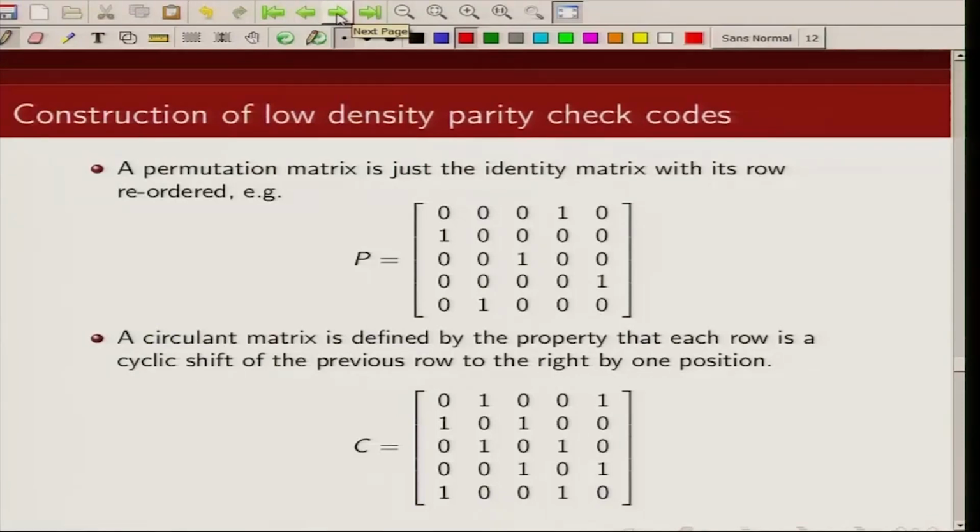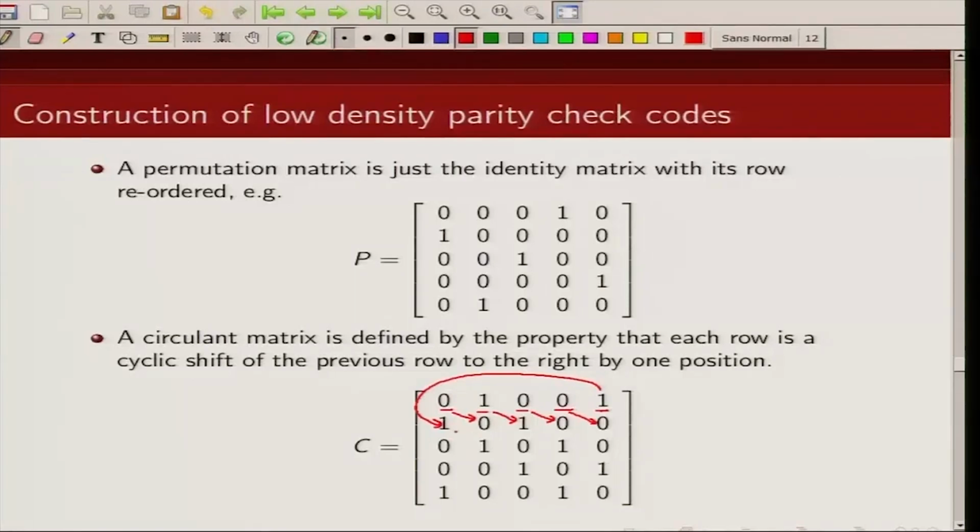Now, what is a circular matrix? A circular matrix has the property that each row is just a circular shift of the previous row. For example, the first row is 0 1 0 0 1. Now, this 0 comes here, this 1 comes here, this 0 comes here, this 0 comes here, and this 1 comes here. That is your second row.